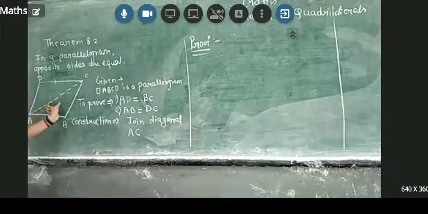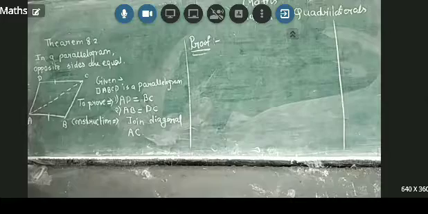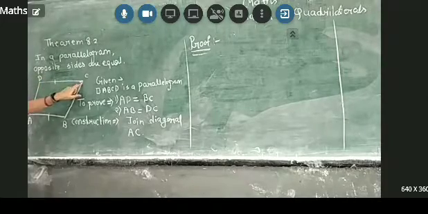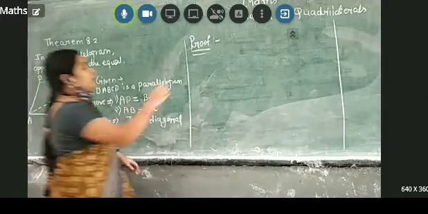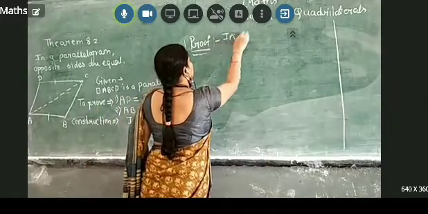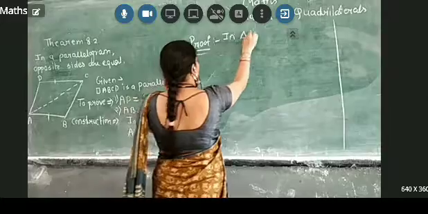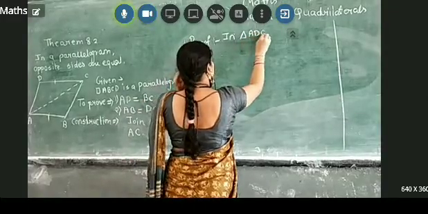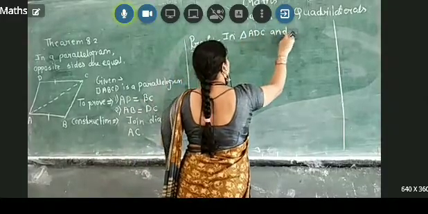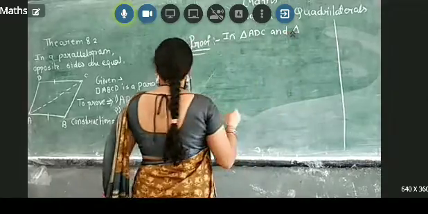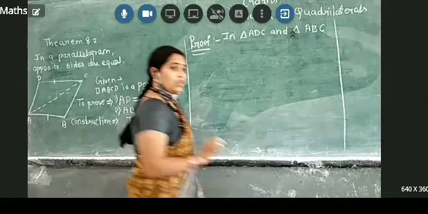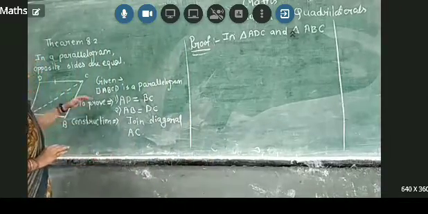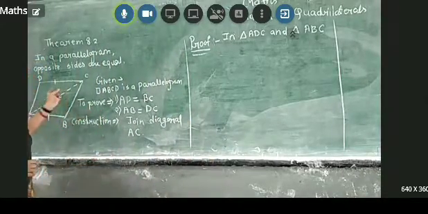After making this diagonal AC, there are two triangles, triangle ADC, and the second triangle is ABC. So write here that in triangle ADC and triangle ABC. Okay.